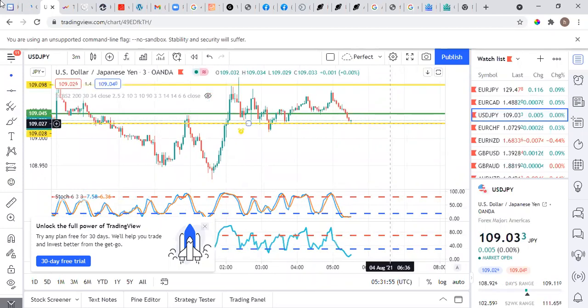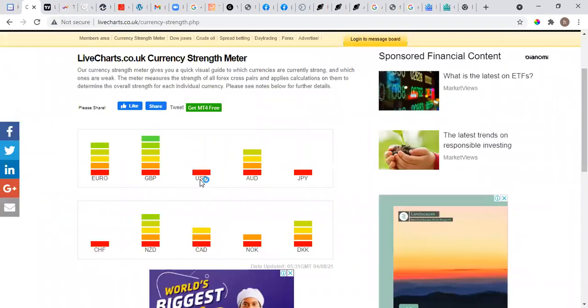USD JPY. Let me see what the current strength meter is saying. They are of the same strength. USD JPY, they are both weak.